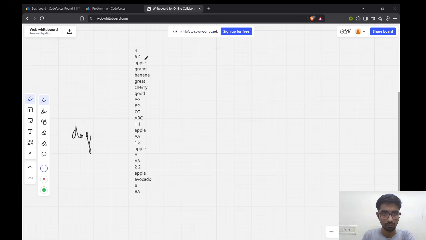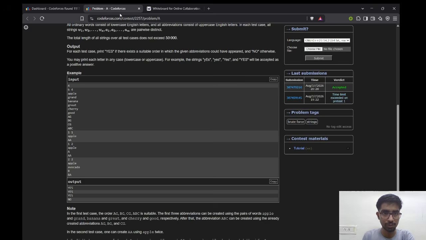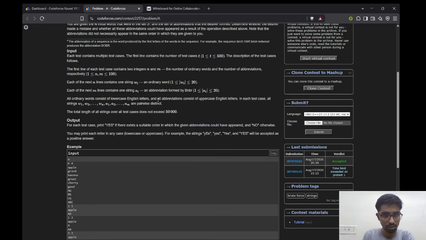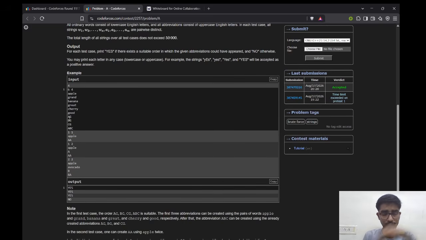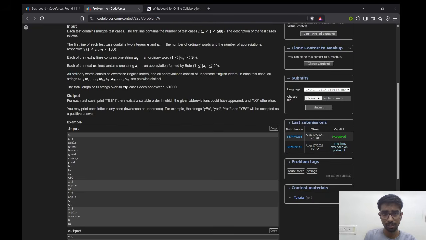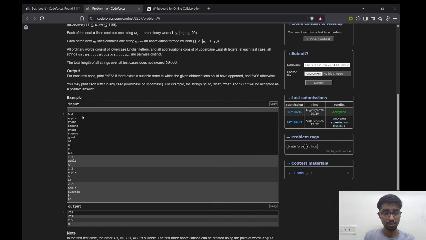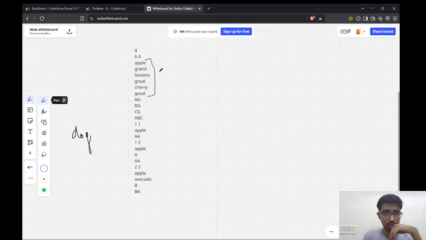So here we are given a set of n words, and the number of abbreviations that would be formed is M, right? The number of words that are given to us in set S are N. These N are the words.